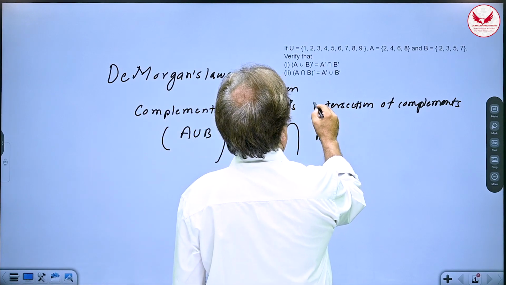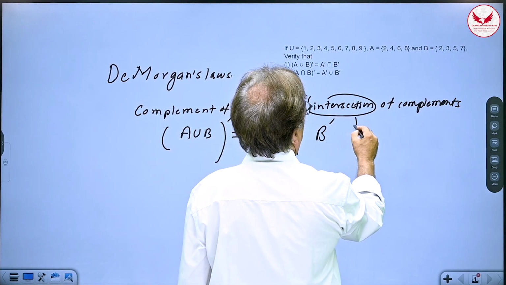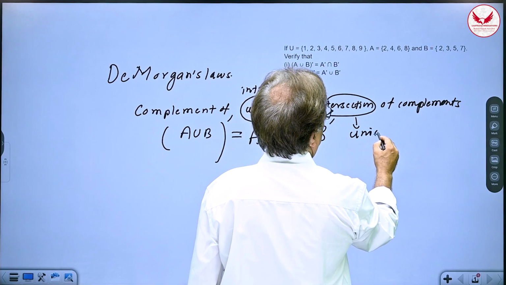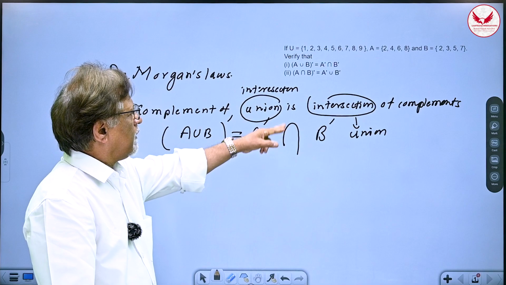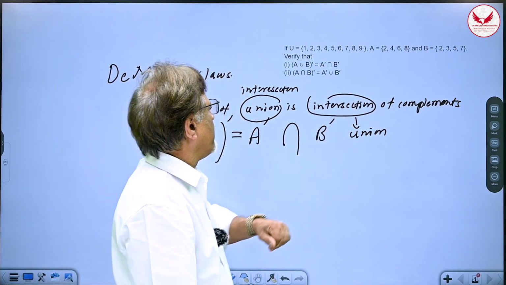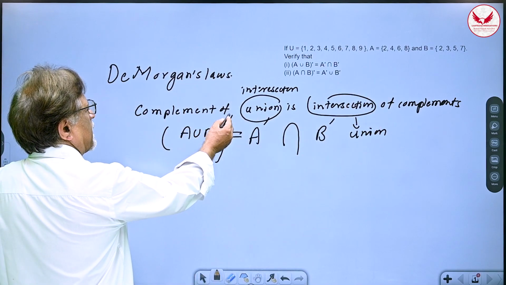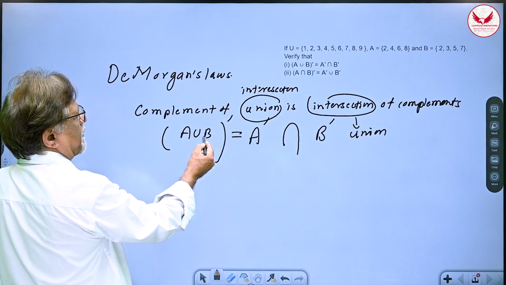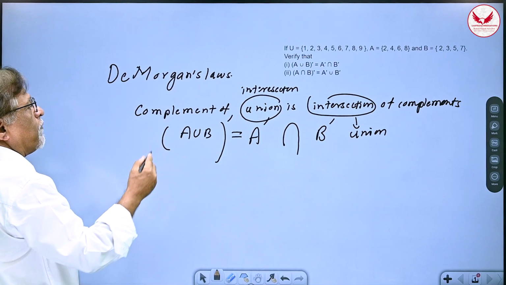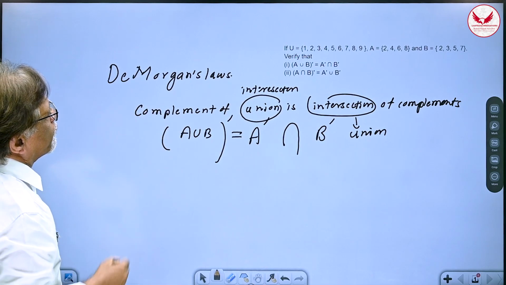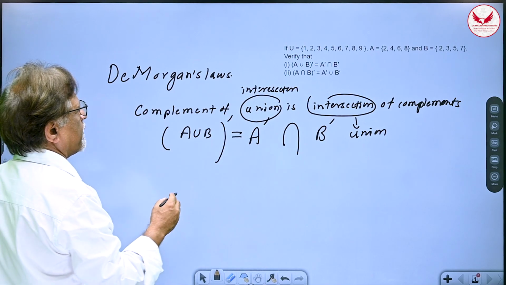And here, instead of intersection, I can write union. That means, now what is the new statement? Complement of intersection is union of complements. That means whenever you take the complement of any operation, union or intersection, you have to reverse it and take their individual complements. Okay. So these are the two statements which we are supposed to verify.